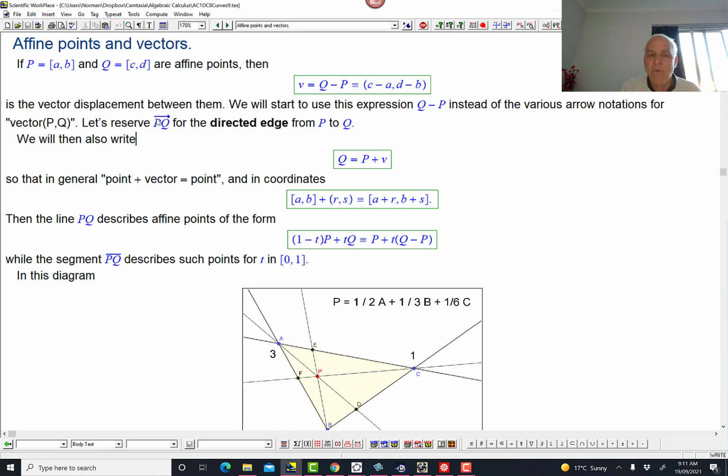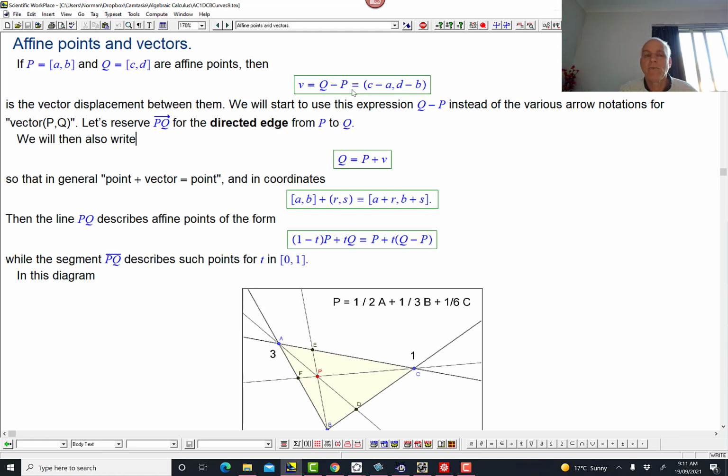This particular quantity here, pq with a standard arrow over it, let's reserve that for the directed edge from p to q, by which we mean the pair of points p and q. So it's really a two list of points. So this directed edge cannot be translated. It's at p and at q. So we're not going to use this for vectors. We're going to rely more on this difference notation.